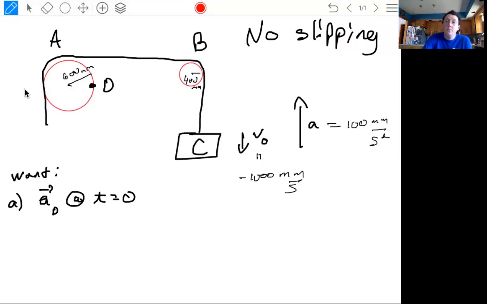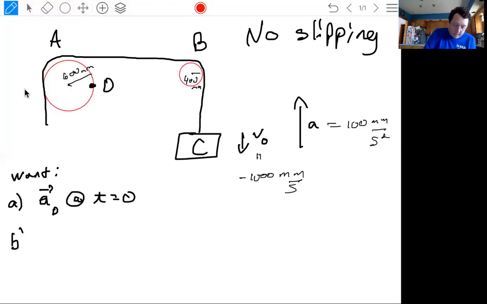And what you have to remember is that D lives on a circle, which means it has both tangential and centripetal acceleration, radial acceleration, or normal acceleration. And as the speed increases, the radial component of acceleration will increase in magnitude.